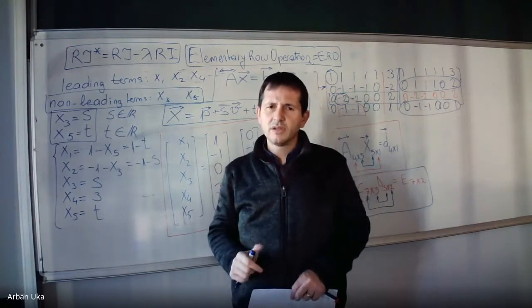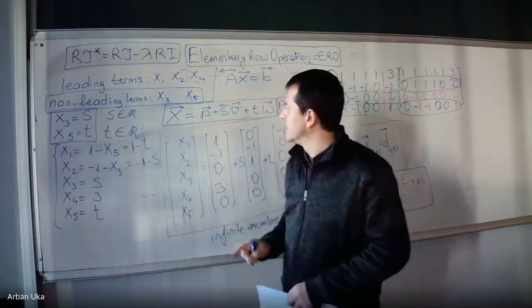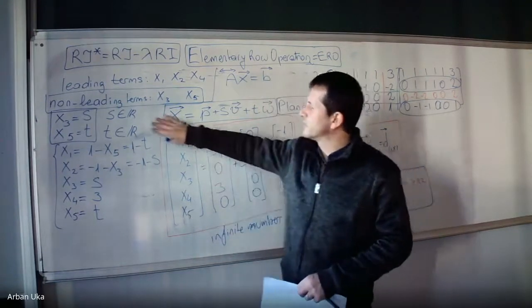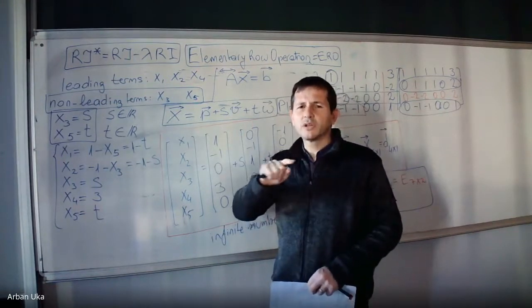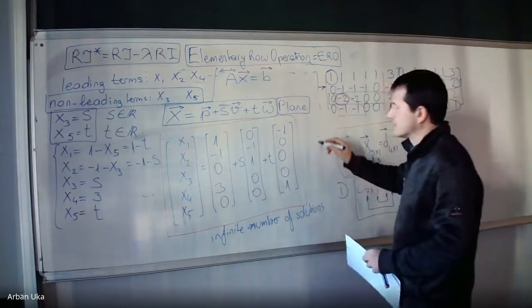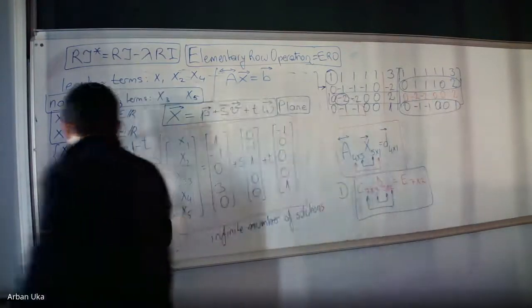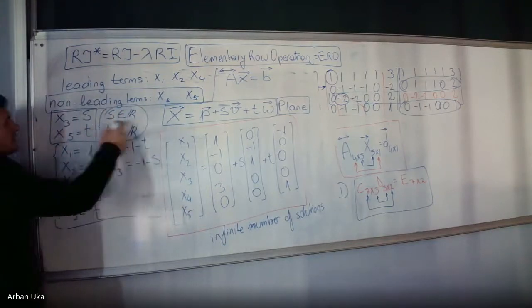Then the dimension of a unique solution would be 0. If we have free variables, here we got 2. So with two free variables, which are clearly stated here, we get a plane.